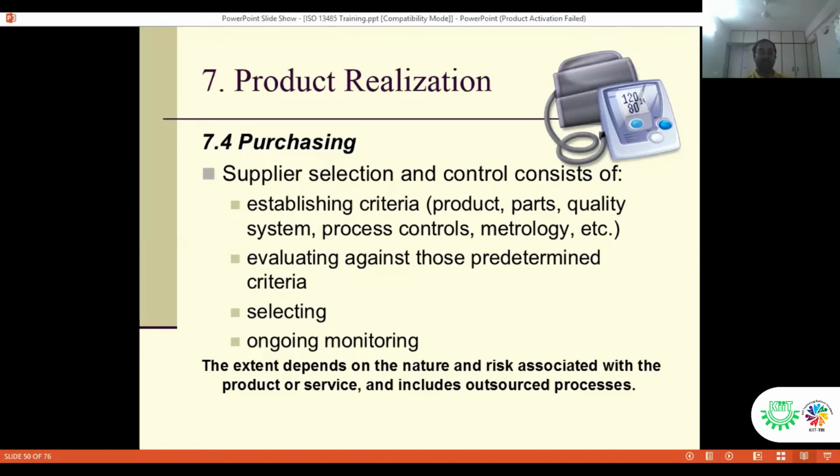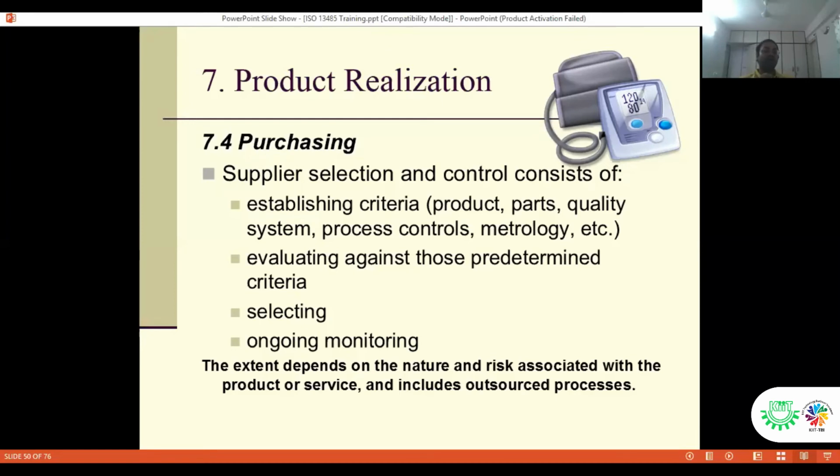Either you send an evaluation sheet, or you go to their site and evaluate them in the aspects of the requirements of the quality management system, the product which they are supplying, the quality, the timeline, and the pricing activities. There are different criteria which you have to prepare depending upon the supplier. And then accordingly you do the supplier evaluation.